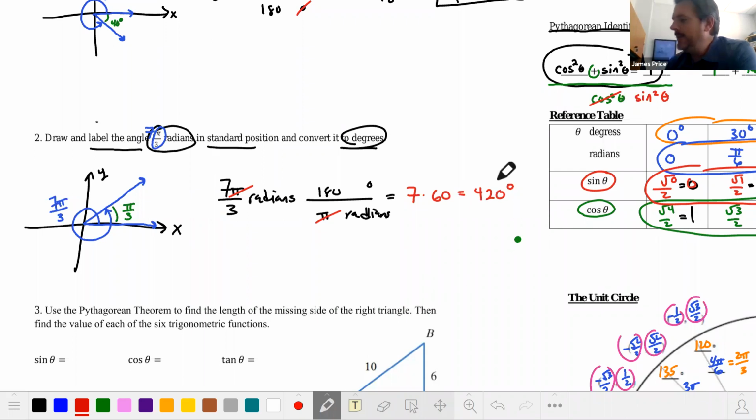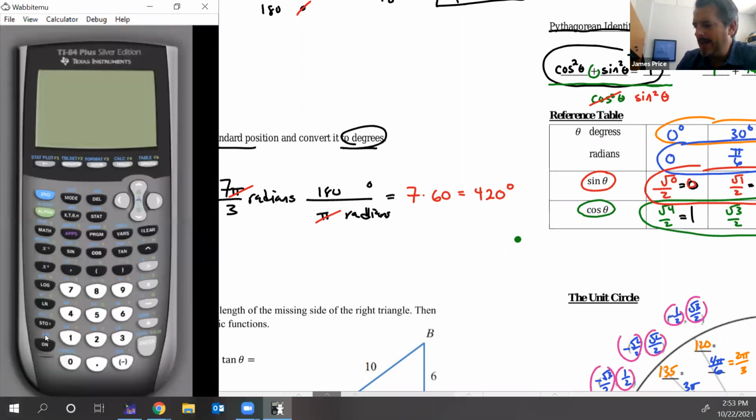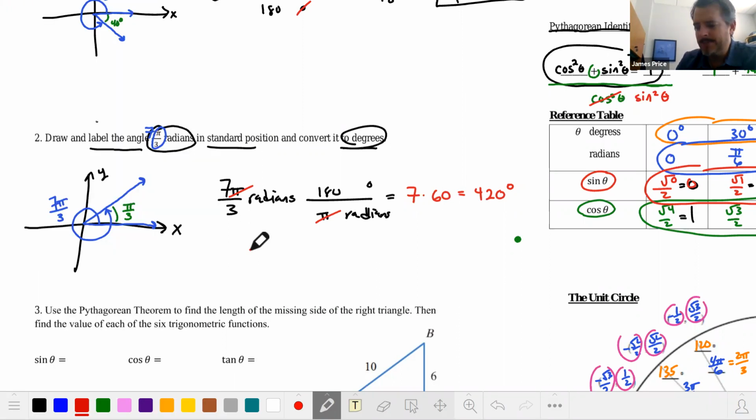All right. And then feel free to use your calculator to check your work. Remember, you're supposed to do everything by hand, but you can use your calculator to check your work. So there's nothing wrong with doing 7 times 180 and then dividing it by 3 and seeing that you actually get 420. And the same thing up here, right?